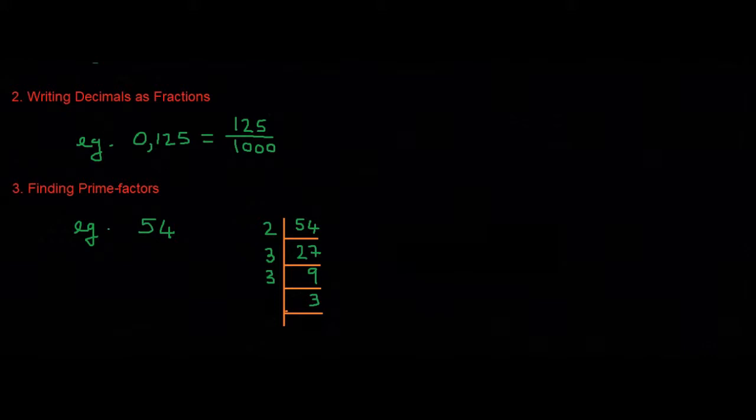And then the smallest number into 3 is 3, and it goes once. So we continue in this way, dividing until we end up with 1. So now we can write 54 as 2 times 3 cubed. We have 3 3's over here. So these then are the prime factors of 54.